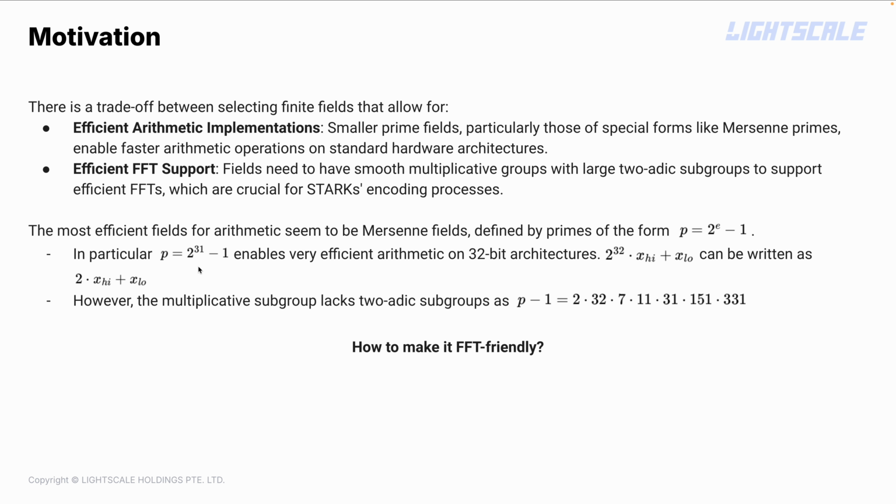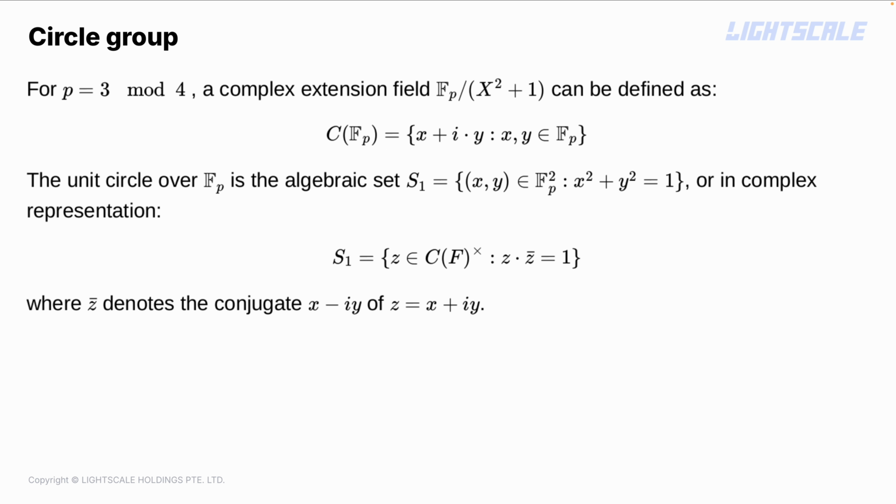So how to make it FFT friendly? We introduce a circle group, which is defined over the complex extension field, and we need p to be 3 modulo 4 because this needs to be irreducible.